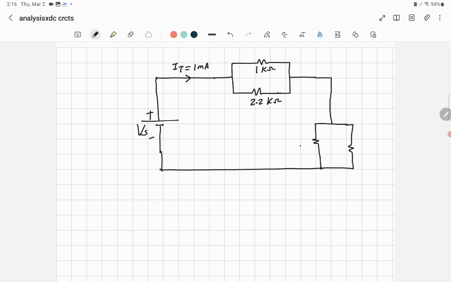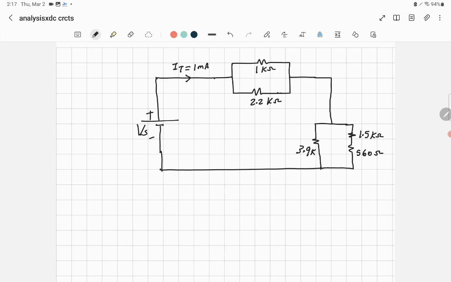The value of this resistor is 3.9 kilo ohm, and this one is equal to, actually there are two resistors, 1.5 kilo ohm and another one 560 ohm.